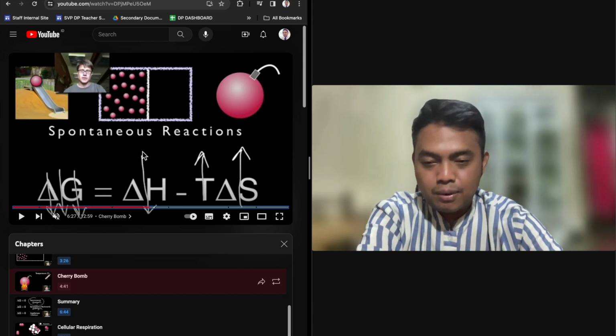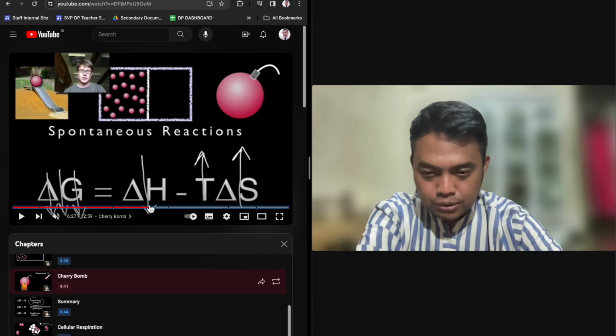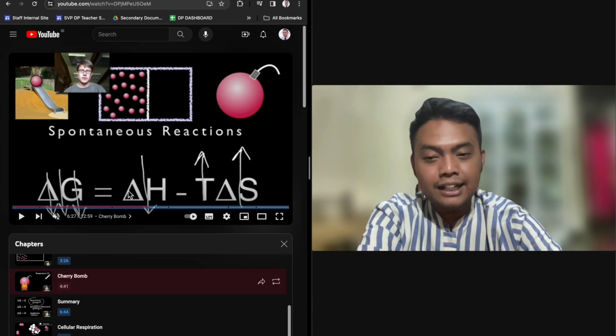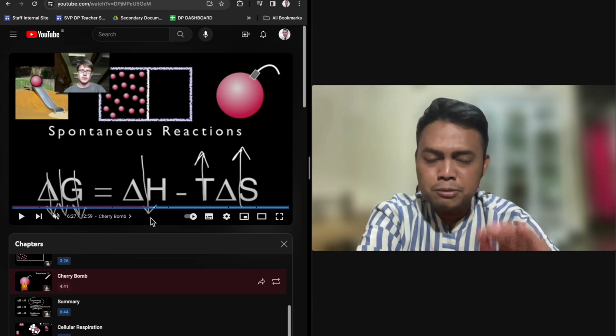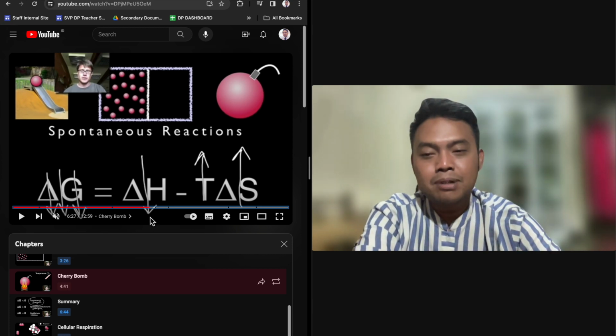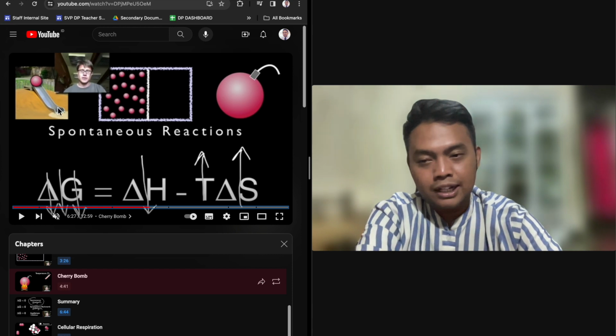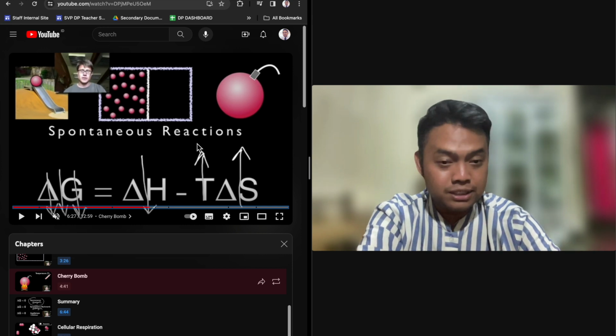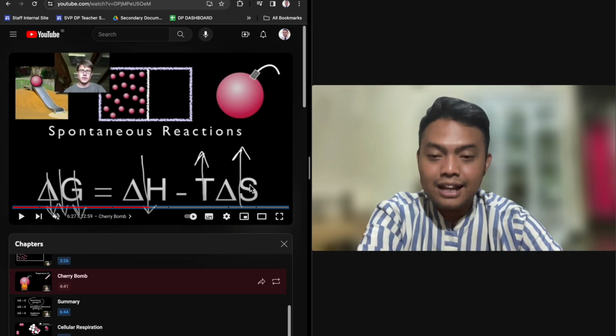And why we need to lower this? Because according to the previous phenomena, you know that the enthalpy has to be lower, will be minus, because enthalpy change, total energy, must be decreasing. The temperature, cherry bomb, has to be higher to have spontaneity, and then the delta S or the entropy has to be higher, more disorder.